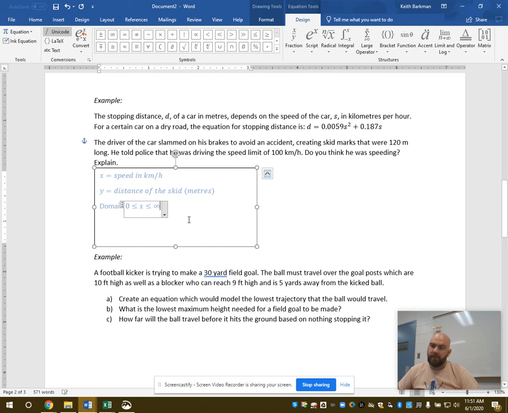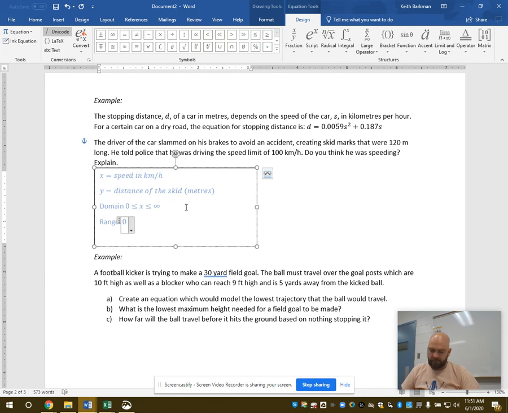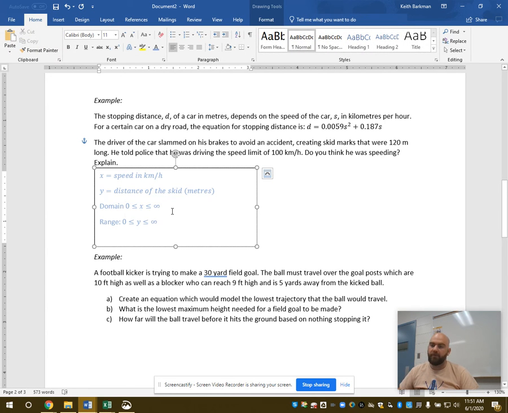There we go. There's infinity. So it goes on to infinity because technically we could go as fast as we wanted to. And our range on that same thing, 0 is the smallest we could have, and we could also go up to infinity as well. So we have domain and range. I'm putting those in there. Going to make this a little bit smaller. The answer we'll put in here as well.